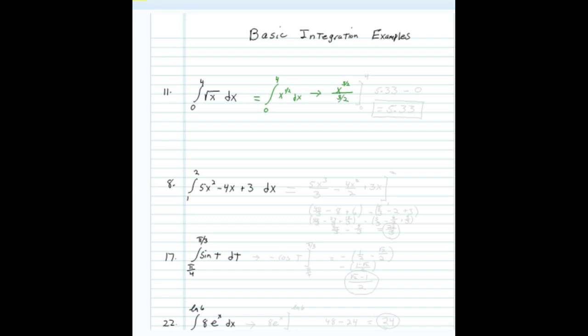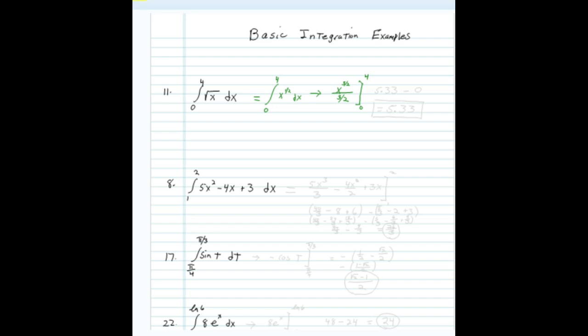All right, and we're going to evaluate that between the limits. And I like to write that in brackets like this, 0 to 4. So if we go through this, we have 4 to the 3/2, which is 8. If you take 4 cubed and then take its square root, and then we have to divide that by 3/2.